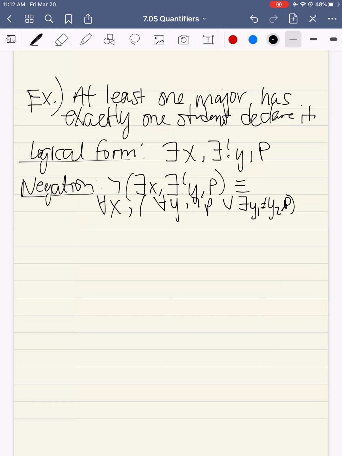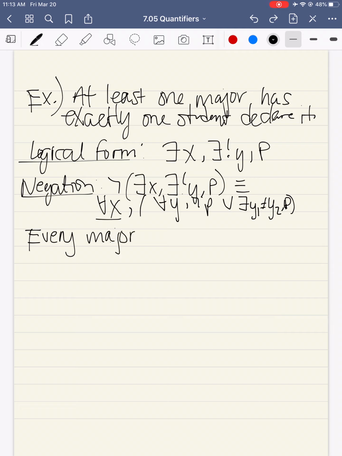So then putting this back into plain English, the first term here, so every major, or for all majors, or whatever you want to write it as, they both mean the same thing.